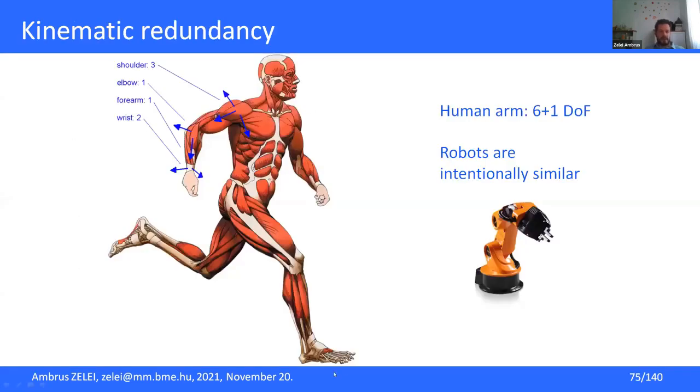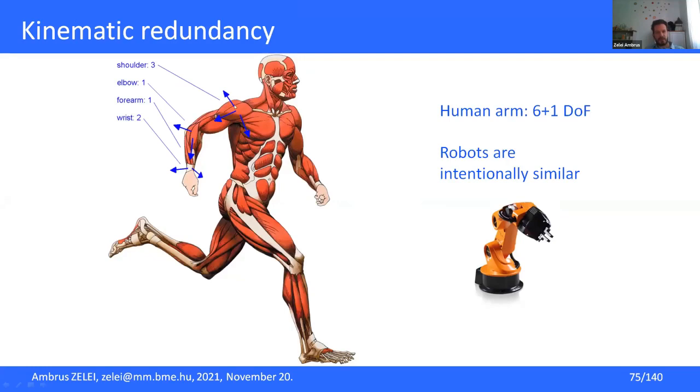These are definitely not the simplest robots which have kinematic redundancy. When we talk about kinematic redundancy, maybe the human arm is the best example. As we know, there are 7 degrees of freedom. You can try to calculate your arm's degrees of freedom.